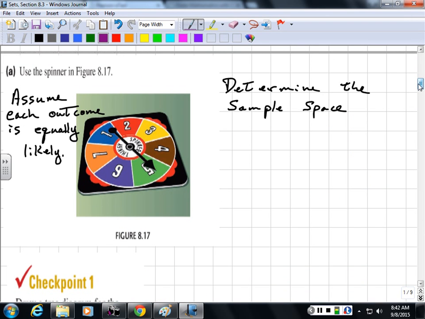We're going to use this spinner. We're going to assume each outcome is equally likely, and we want to determine the sample space. But let's actually look at that spinner. Everybody in here, hopefully, maybe, has played a game that has some sort of a spinner in it. Whether you're playing Twister or anything that requires a spinner, you know what the spinners look like.